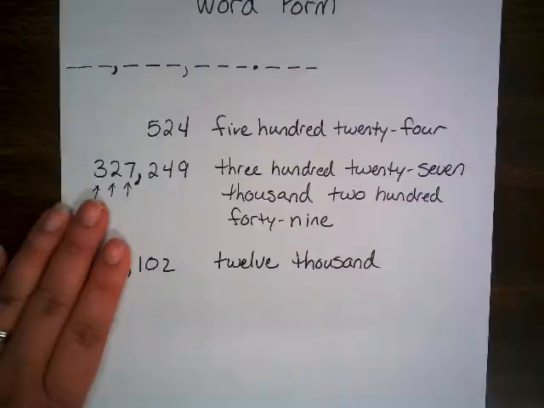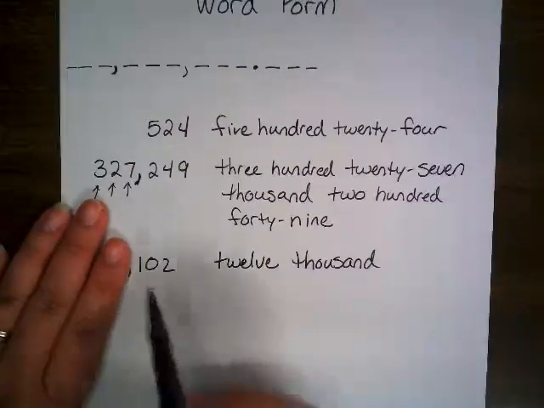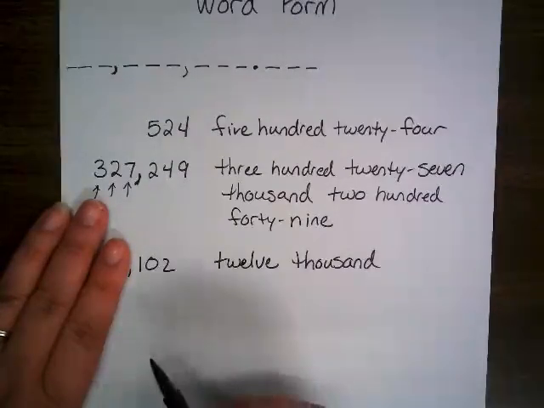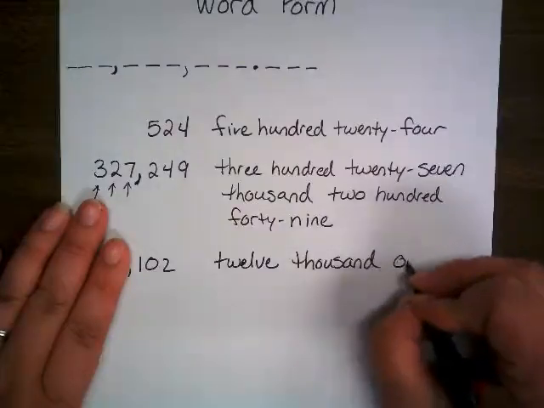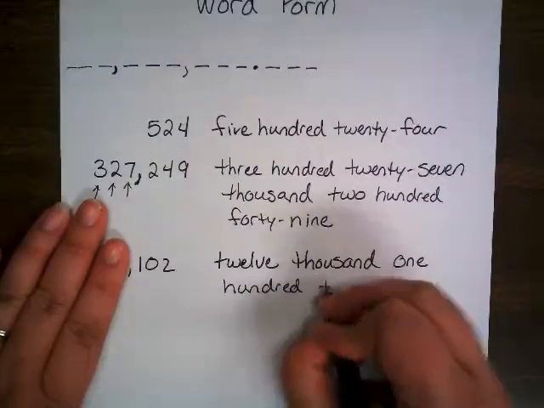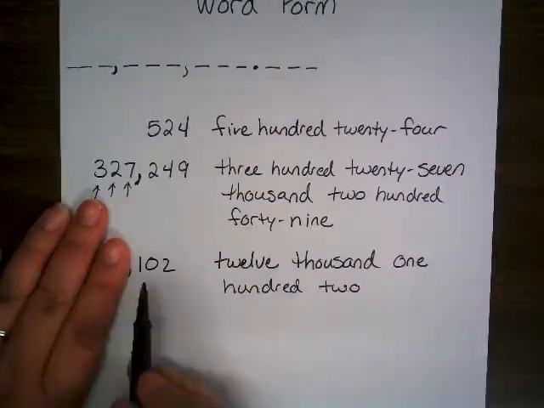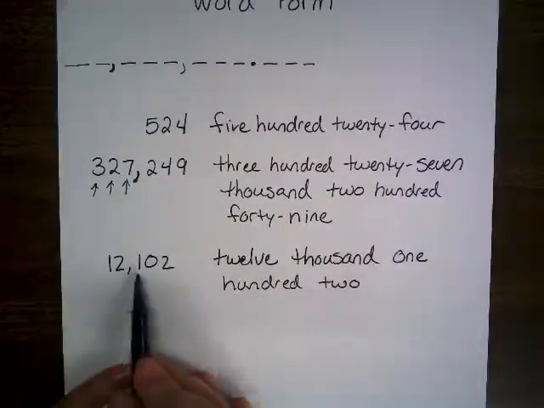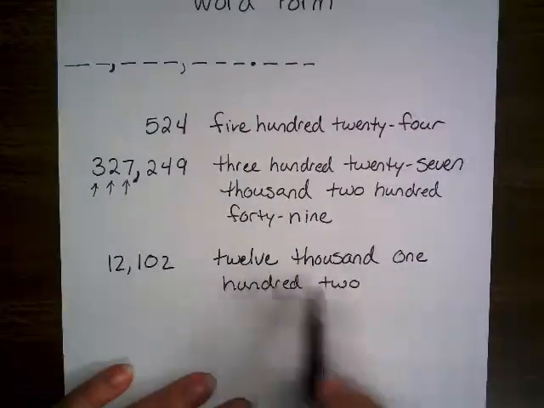What would you write? When I look at this, I see the number 102. So I'm going to write 102. Notice when I said it out loud, 102. So the whole thing is 12,102.